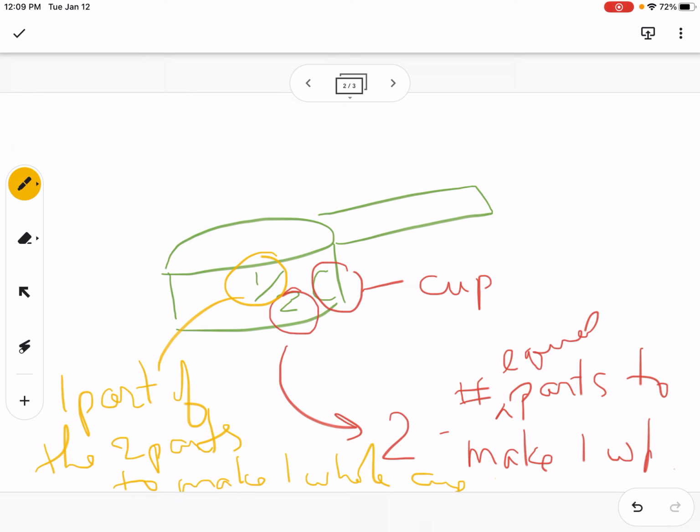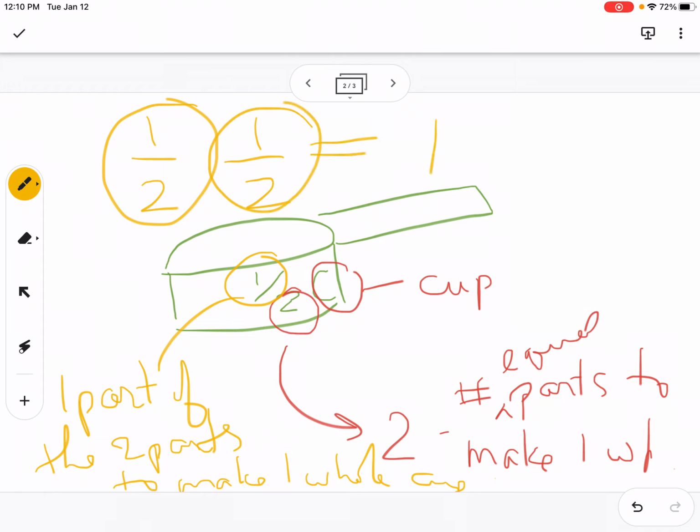That's what the 1 on top tells me. And the size of that scoop is the size that 2 of them would make a whole cup. So if I reach into the bag of flour and scoop 1 of those out, then I've got 1/2 of a cup. If I reach in and pull another scoop out, then I've got another 1/2 of a cup. And we know that when we take 1/2 and put it together with another 1/2, we end up with 1 whole. If I do 2 of those scoops, I have 1 whole cup.